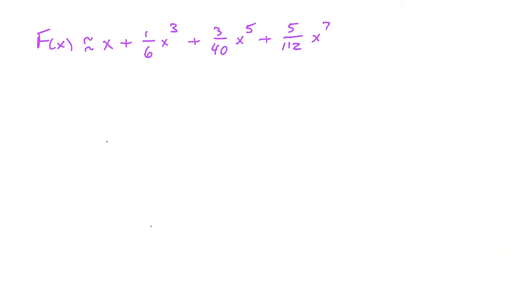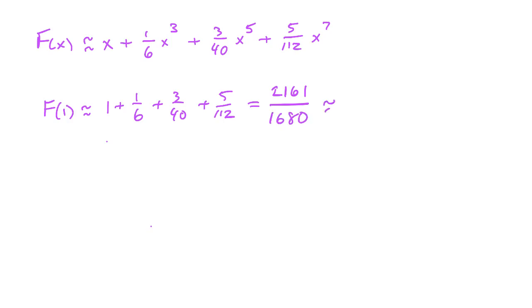So with our function f of x approximated by x plus 1/6 x cubed plus 3/40 x to the 5th plus 5 over 112 x to the 7th, if we plug in f of 1, we obtain 1 plus 1/6 plus 3/40 plus 5 over 112, which gives us 2,161 divided by 1680, or approximately 1.286309524.